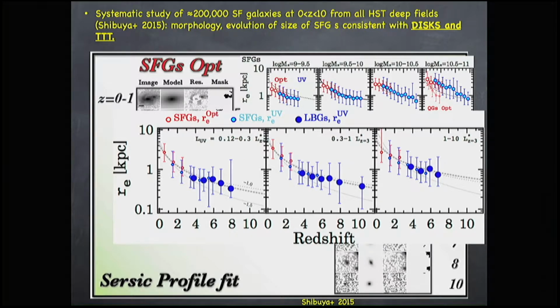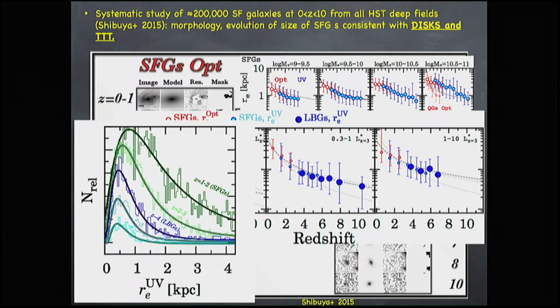If you look at the other diagnostics, like the evolution with redshift of the effective radius, the distribution function of the effective radius itself, all these diagnostics, which the theory predicts to be log normal, are at least broadly, but I would say quantitatively, largely consistent with the prediction of the tidal torque theory, incidentally. When they form stars, they look like disks.